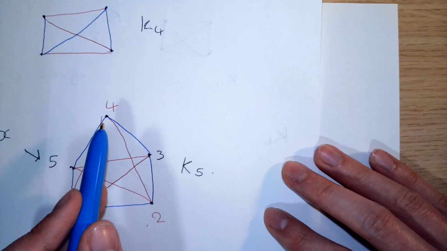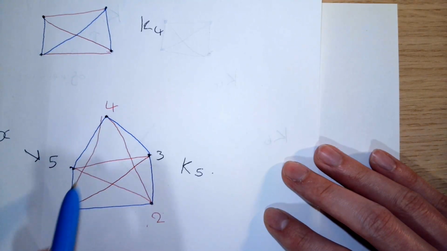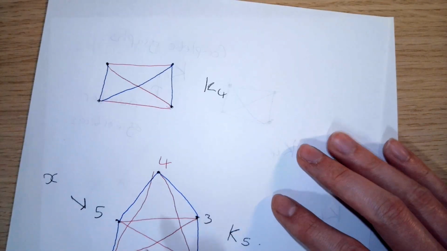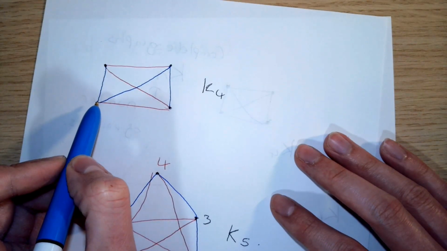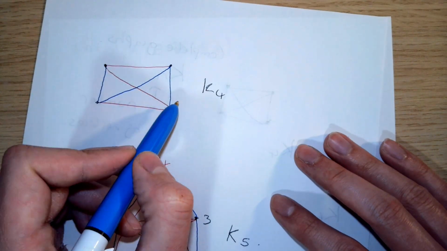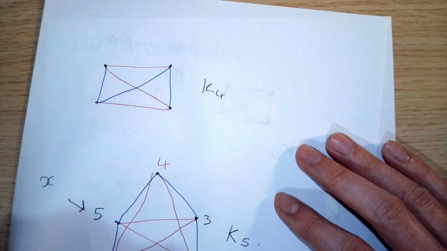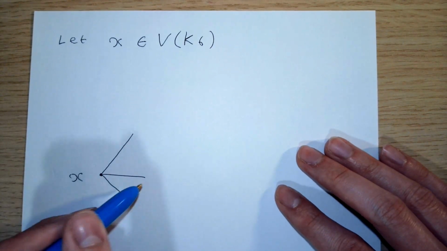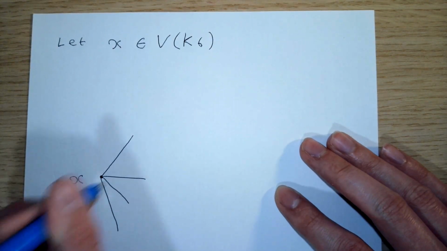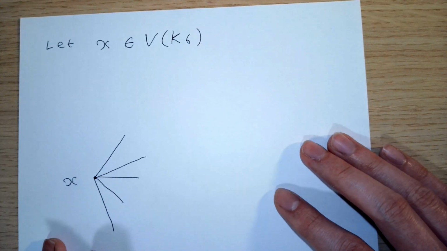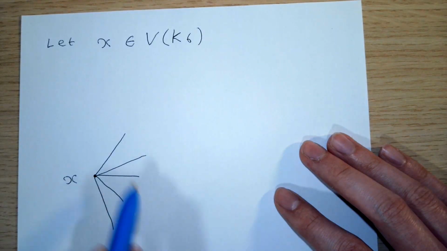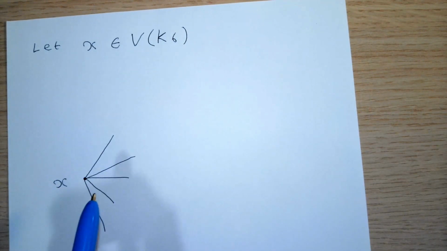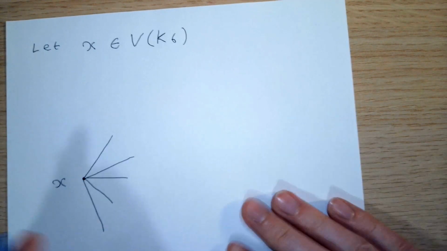So it's got 4 connections. It's connected to 4 different vertices. The complete graph of 4 vertices is connected to 1, 2, 3. So for a complete graph of 6 vertices, there's going to be 1, 2, 3, 4, and 5 connections. There's going to be 5 edges coming from this vertex.